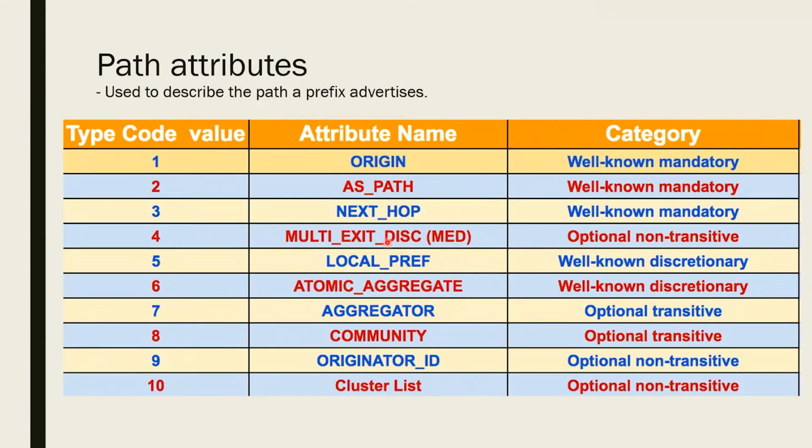We then have local preference. Local preference is just a locally significant attribute, which allows us to basically define locally how we want to prefer certain paths. So we can set some certain paths internally in our own internal network to say, okay, use this one or use this one.